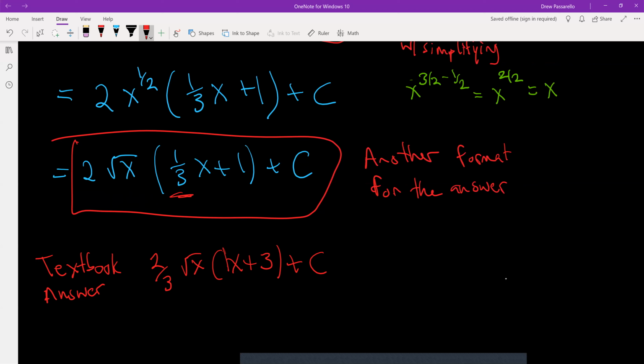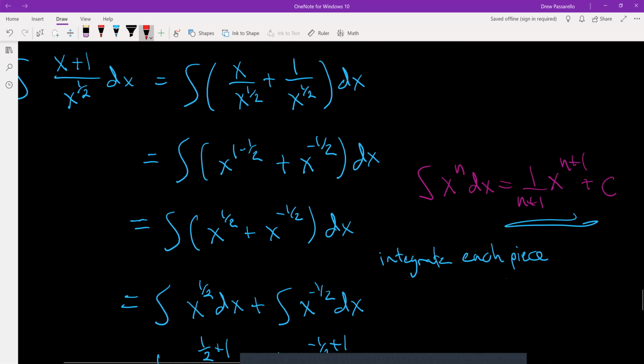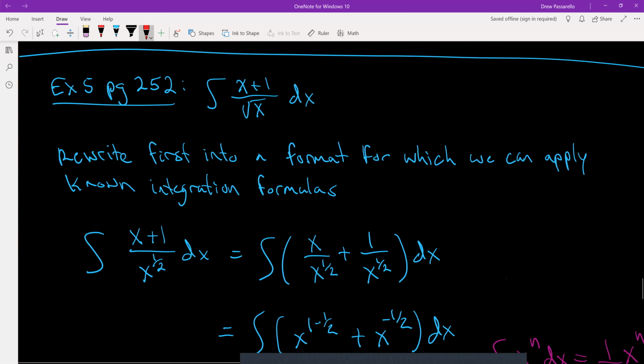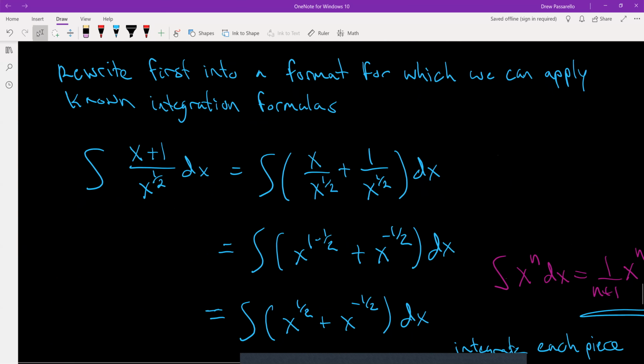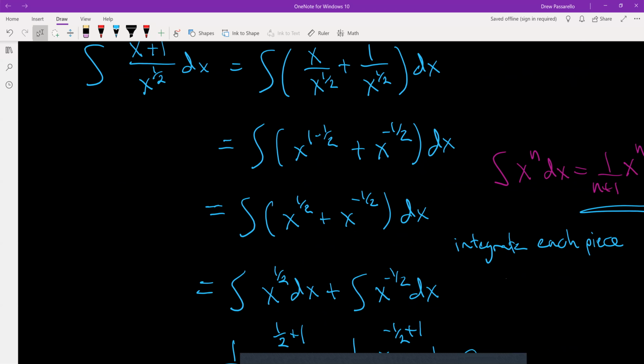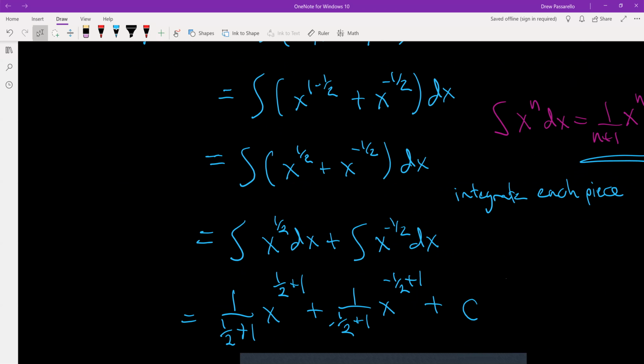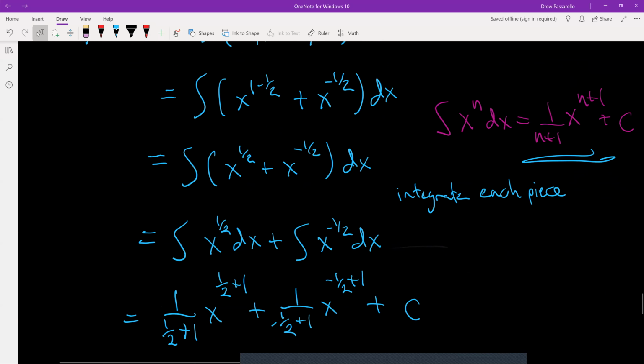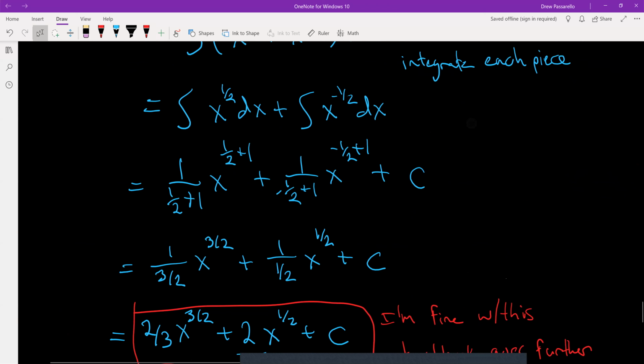All right, so that's where I'll stop it for this video. In the next video, I'll go into more examples, but real quick, for this one, I rewrote it into a format which I can apply the integration formulas, and I broke it up into 2 fractions using just rules of fractions, and then I simplified it more so that you get x to the 1/2 plus x to the negative 1/2, and then you integrate each piece, and I applied this rule to each piece, and then after you do that, you simplify more.